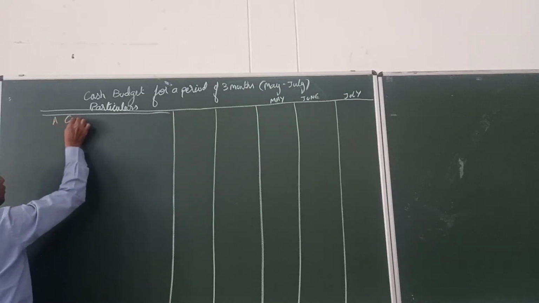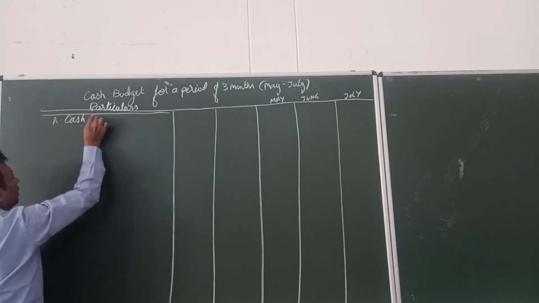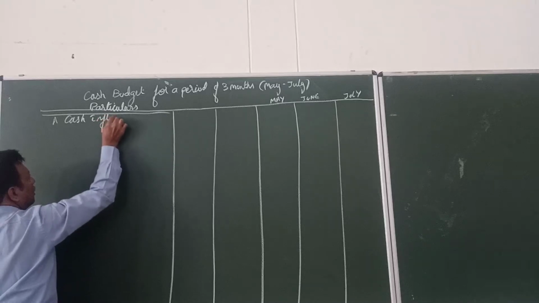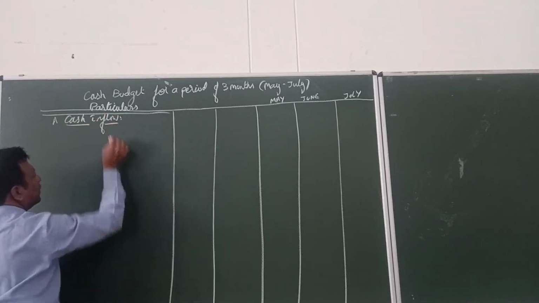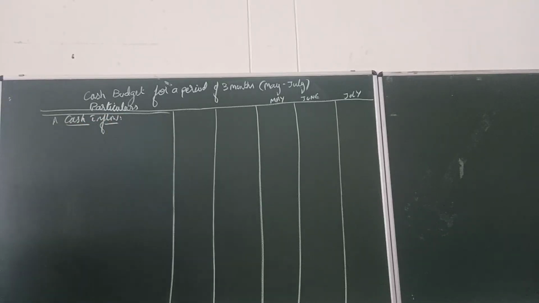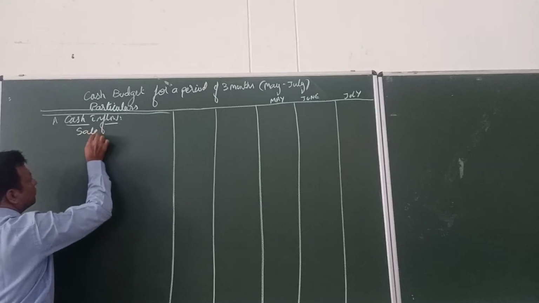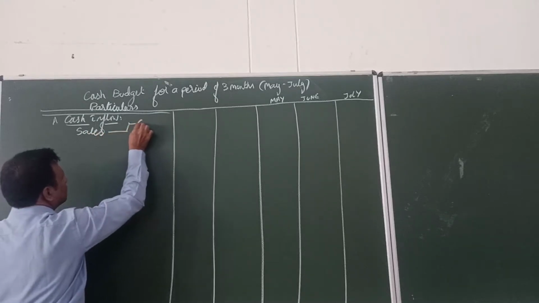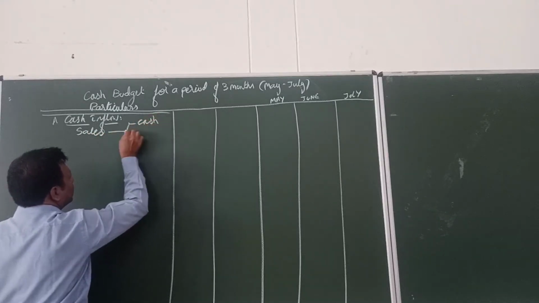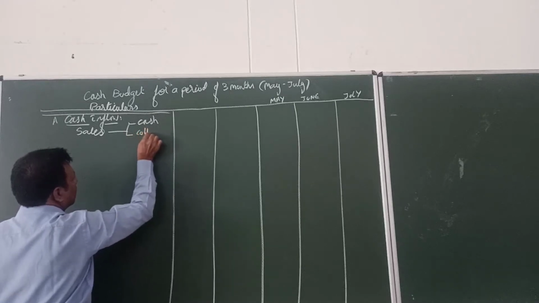We have cash inflow. In cash inflow, which is the first one we should take? Sales, correct? So what is sales? We have cash sales and collection.